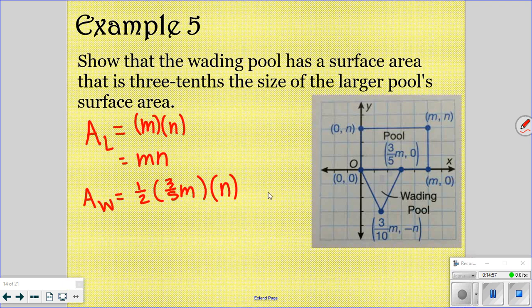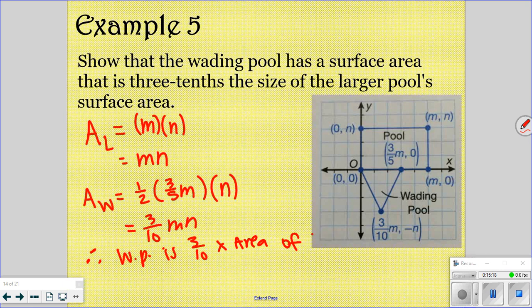So if you multiply 1/2 times 3/5, you get 3 over 10, and then mn. And so, therefore, wading pool is 3/10 times area of the larger pool. So that's how you could show that one. Mainly just have to do some algebra to show your answers for these.